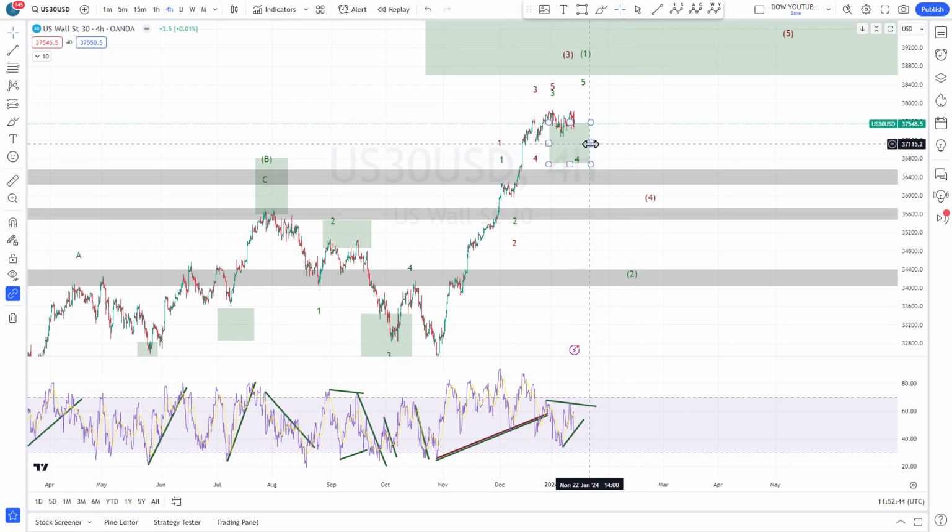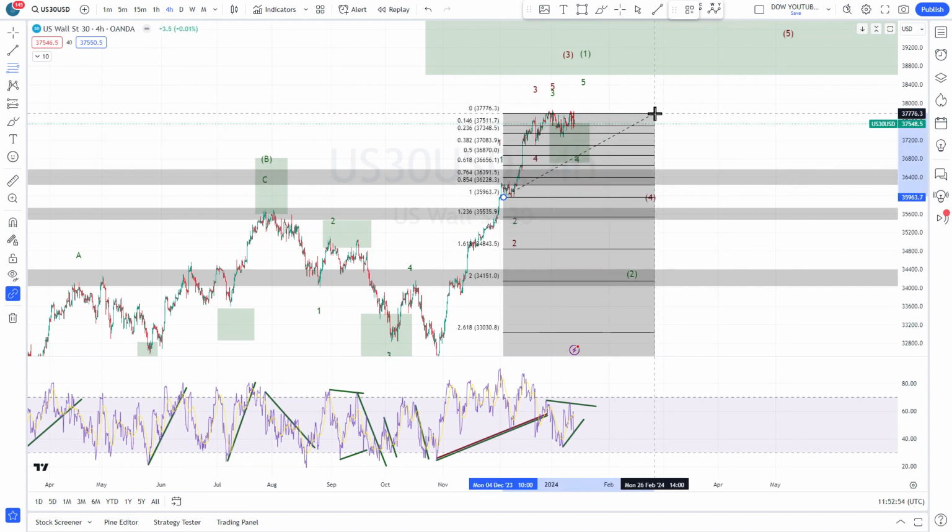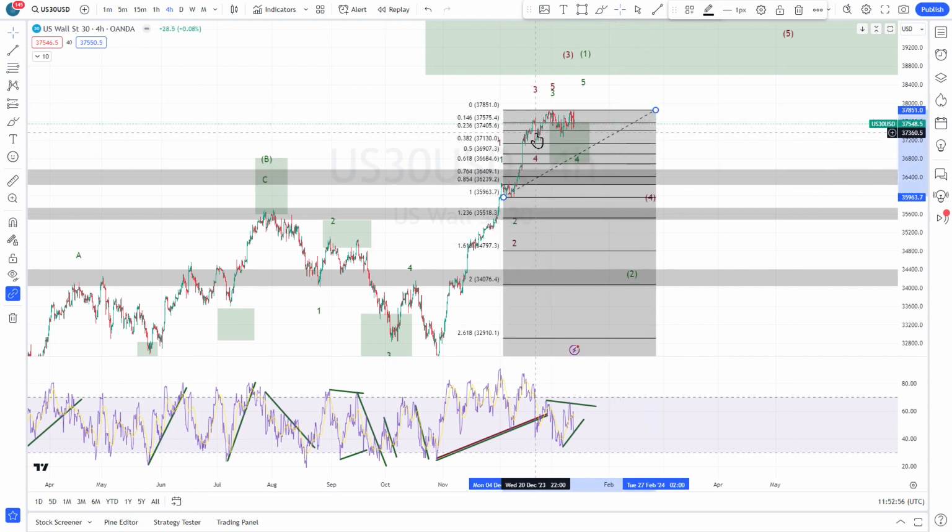And so here, if we are working on a wave 4, then you should know that this here is the wave 4 area. If we take the length here of the wave 3, then the area between the 0.146 and the 0.618 Fib retracement is the area of our wave 4.